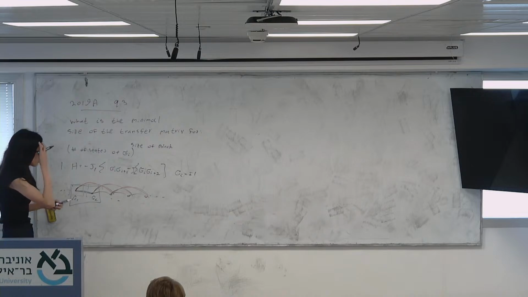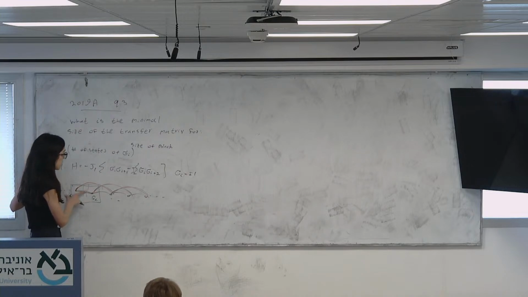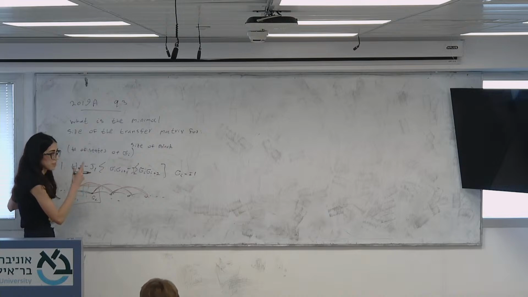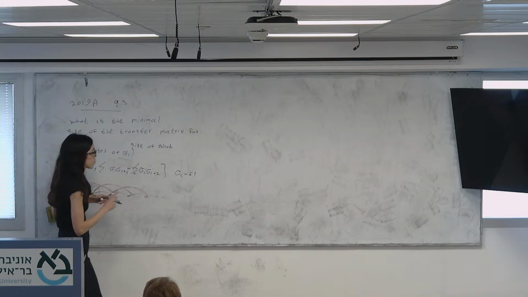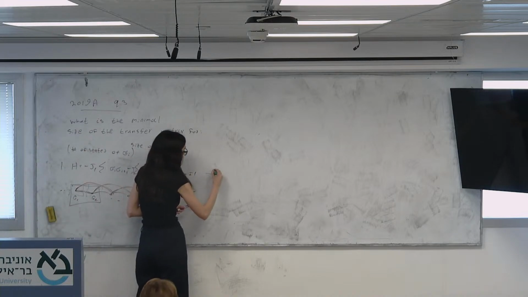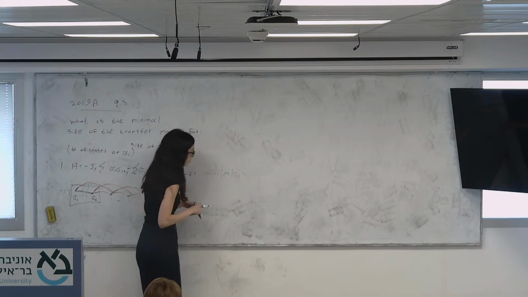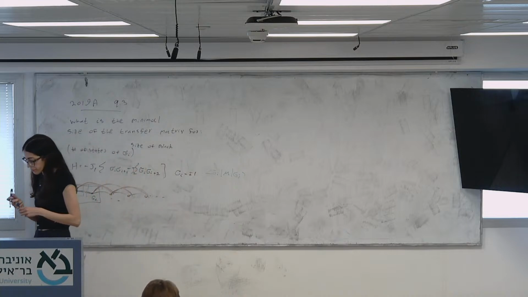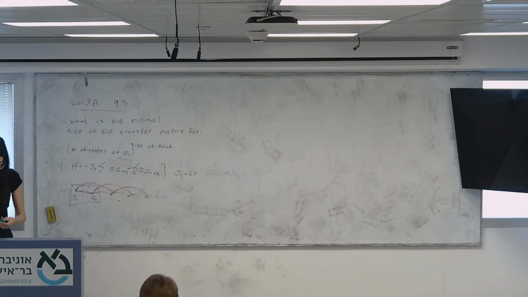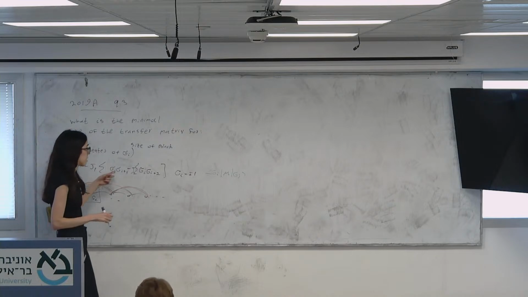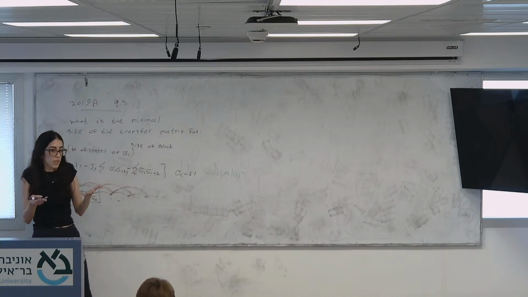But you see that if you want to write the description of the system with this single-spin unit matrix, it's not going to give us enough information because we have further interaction with more spins. Just interaction between two spins is not enough.